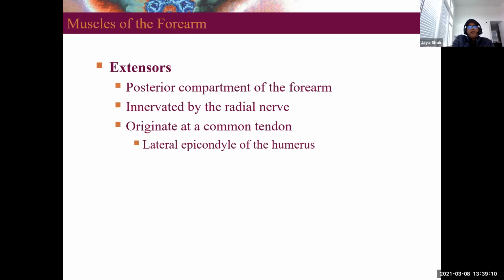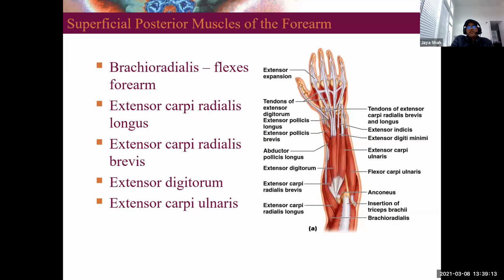Posterior compartment of the forearm, posterior muscles. Again, you can make one muscle the boundary, and then you go lateral. You have flexor carpi ulnaris, then extensor carpi ulnaris. So extensor is more back than flexor.